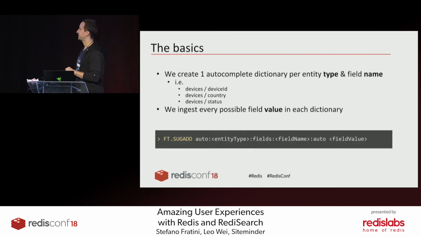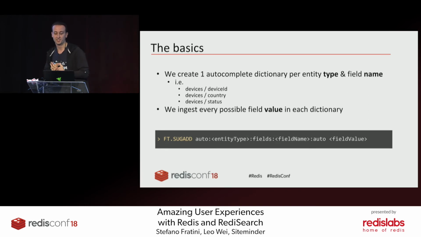So what are the basics? I'm going to drive you through some examples. The idea is, if you have an entity, for example devices, and each entity has multiple fields. In this case, you've got device ID, country, status. I think we were supporting five or six of them, but just to simplify life.